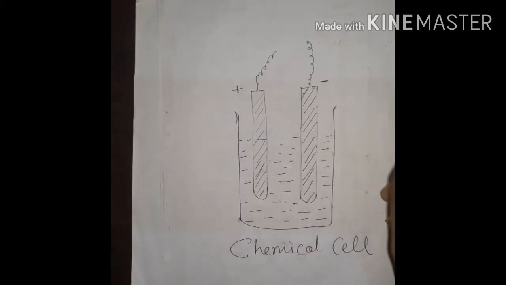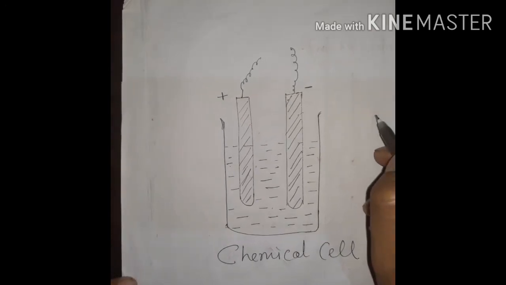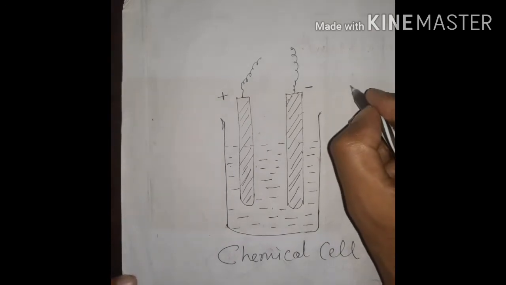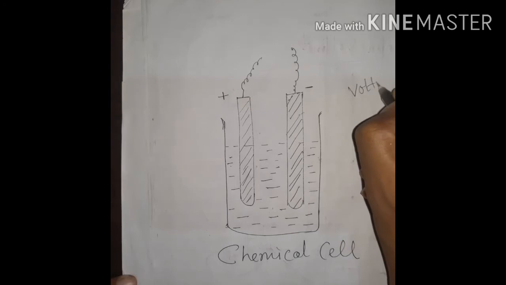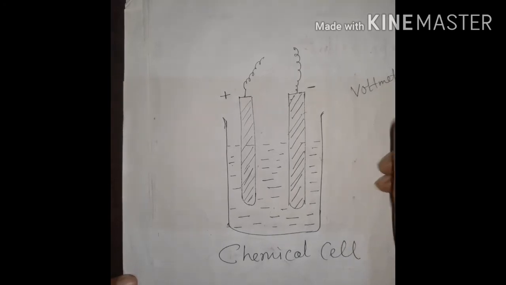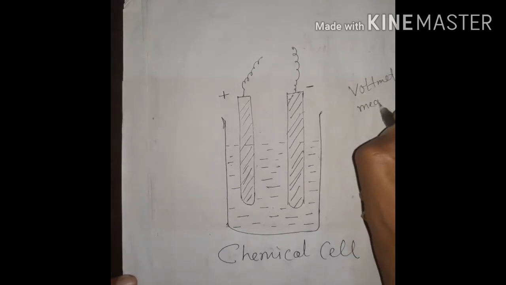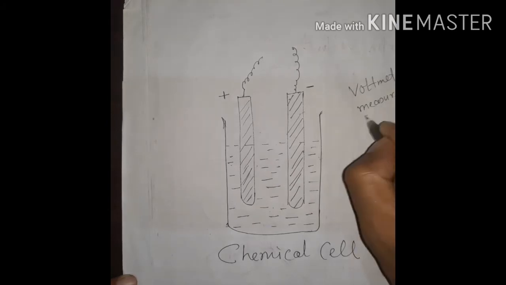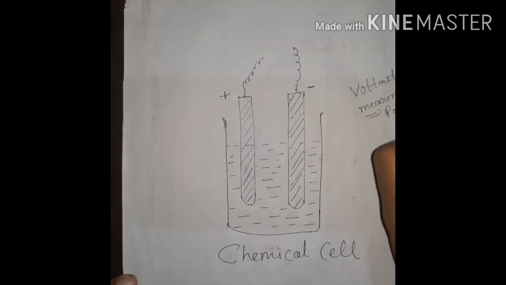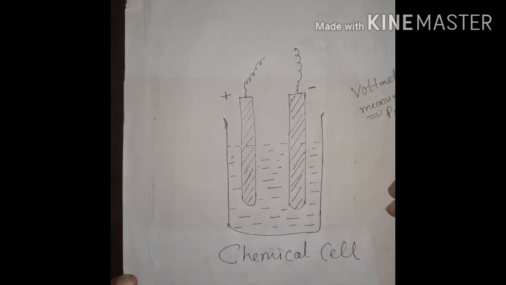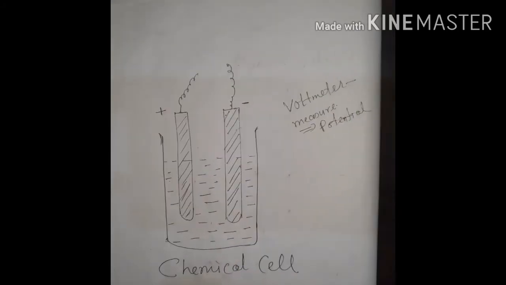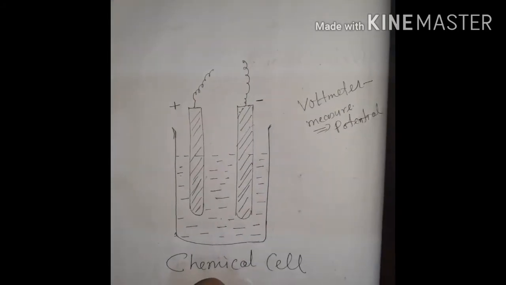Please mind that a voltmeter and a voltameter are different things. A voltmeter measures potential difference between two points in an electrical circuit.